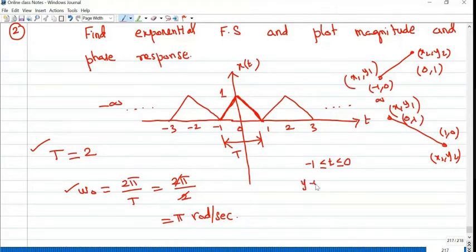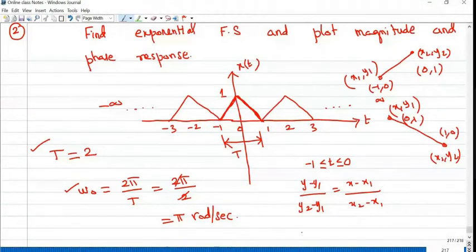The general formula is (y minus y1) divided by (y2 minus y1) equal to (x minus x1) divided by (x2 minus x1). So use this basic formula. Here y represents your x of t, the variable on the y-axis.